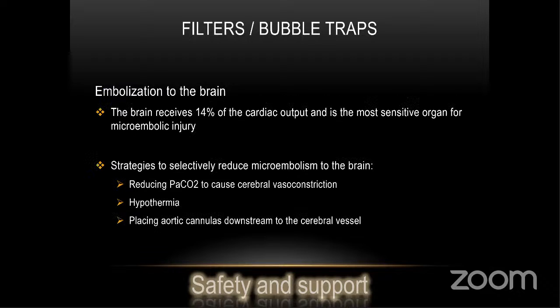The brain receives 14% of cardiac output and is the most sensitive organ to microembolic injuries. There are some strategies to selectively reduce microembolism to the brain: reducing PCO2 to cause cerebral vasoconstriction, hypothermia, and placing the aortic cannula downstream of the cerebral vessels.